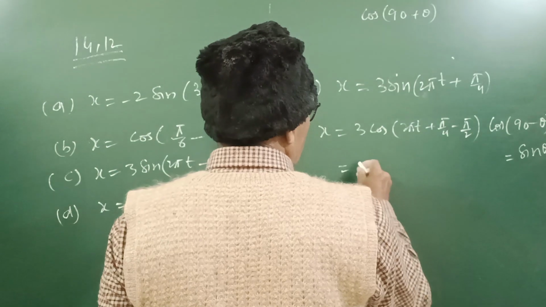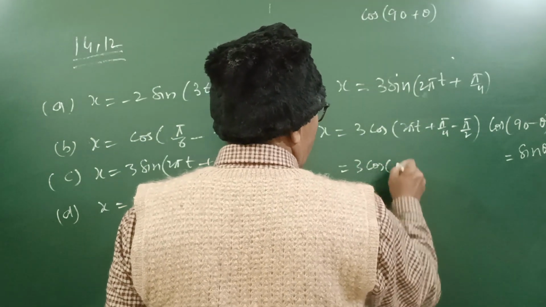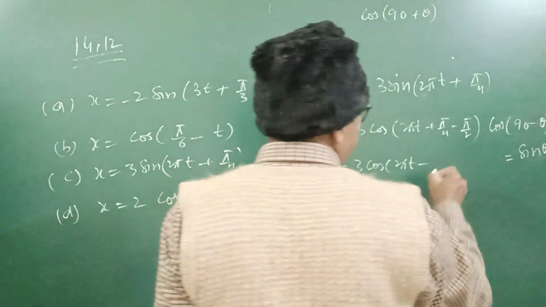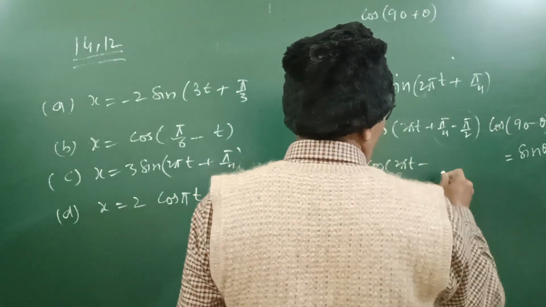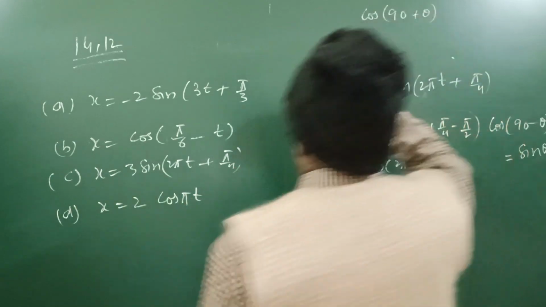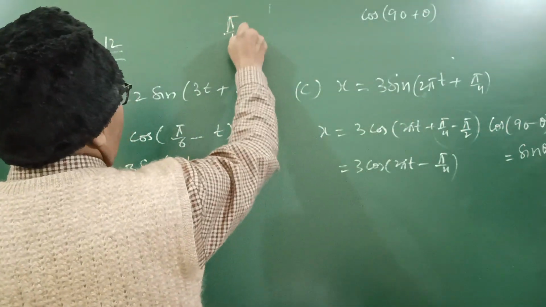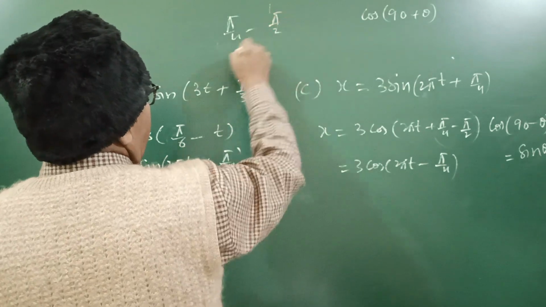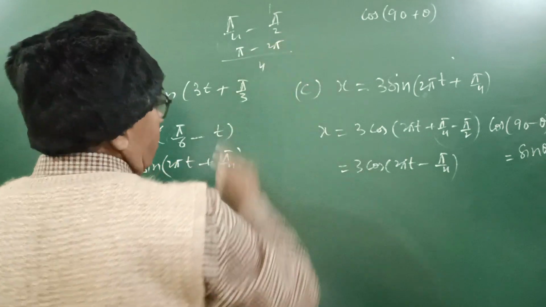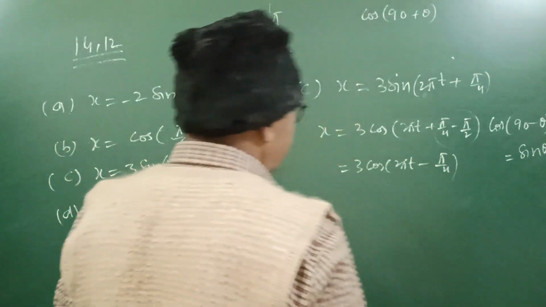So it comes out to be 3 cos 2 pi t minus pi by 4. This difference: pi by 4 minus pi by 2, LCM 4, pi minus 2 pi, so minus pi by 4.